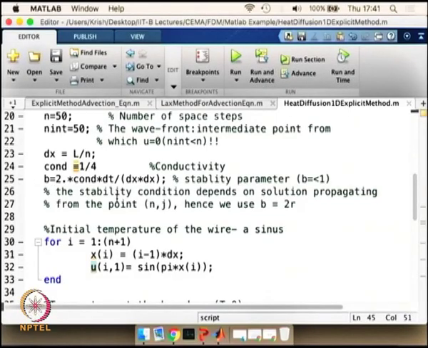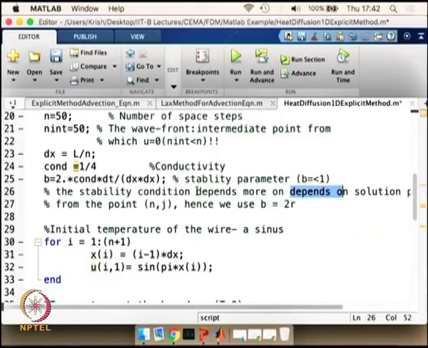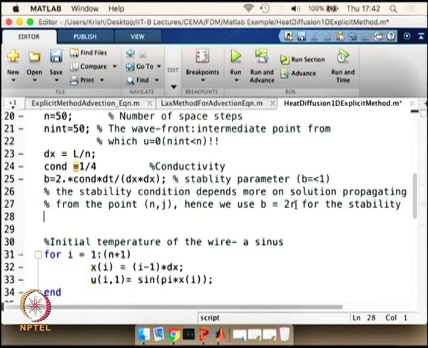So this is a stability parameter, so it should be clear now that we are using twice because the stability condition is going to depend, maybe we can write it as stability condition depends more on the solution propagating from the point n comma j, hence we use b equal to 2r for the stability parameter. So the code should be self-explanatory for you to run it and test it later on.